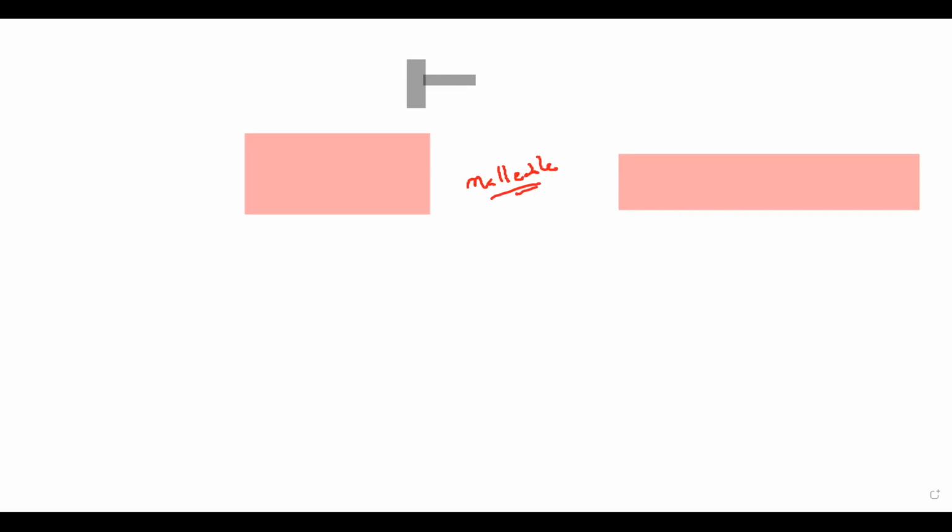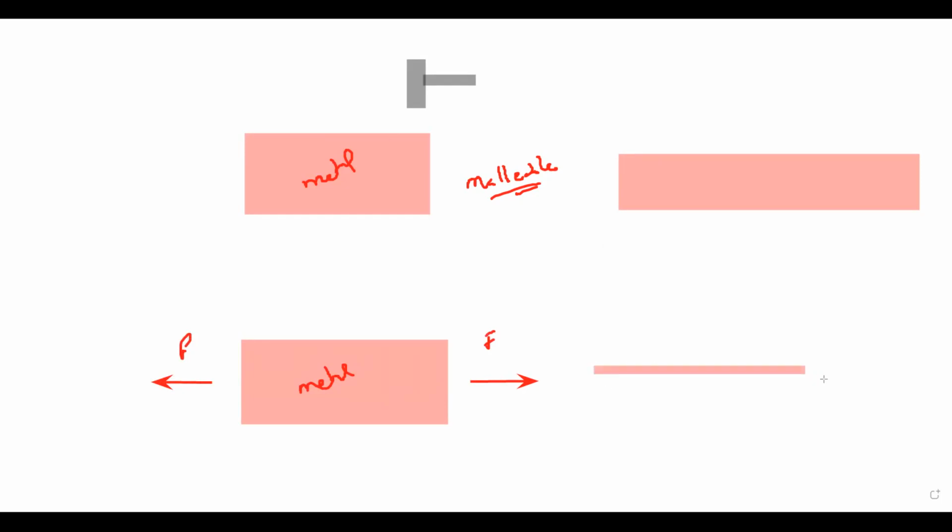But what is ductile? Ductile means you can stretch them into wire. For example, this is a metal. By applying a force, you can draw it into wire. You make it thin and make a wire.